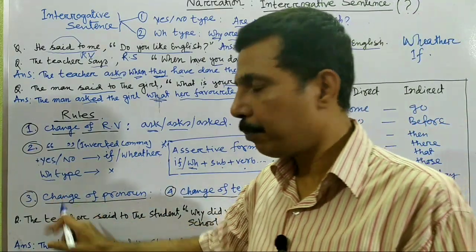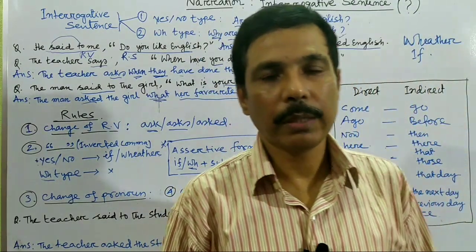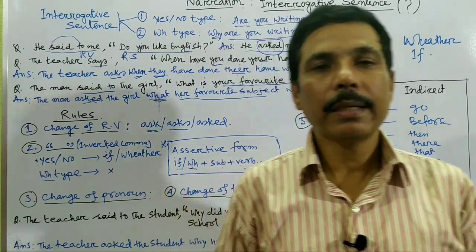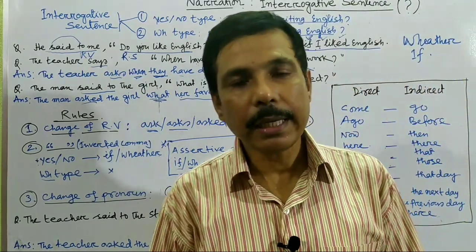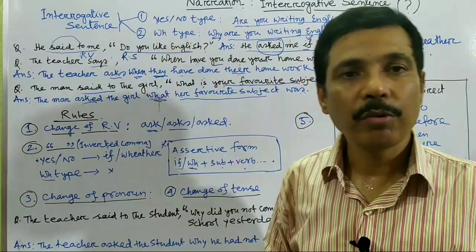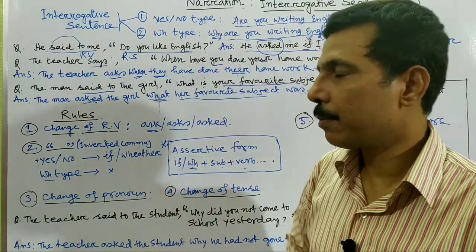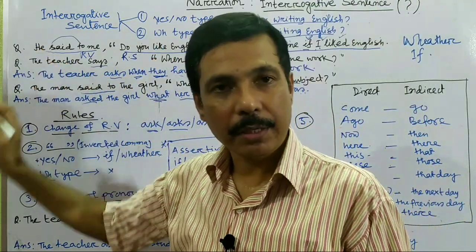Number 3, change of pronoun. I have already told you about this in my previous video, the change of narration in assertive sentences. Here again I repeat: within the inverted comma, if you find first person, I, me, our, us, this first person must change according to the subject.